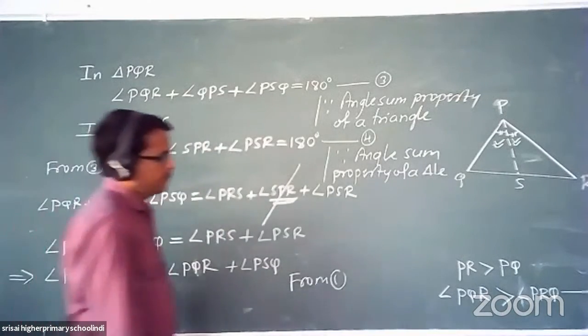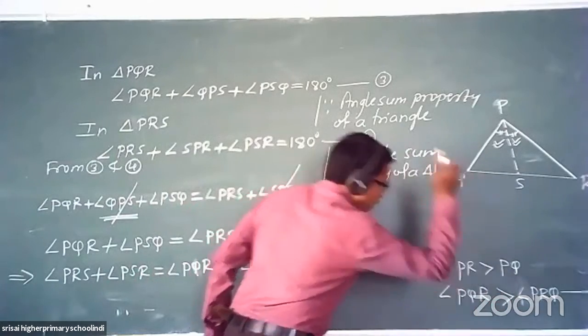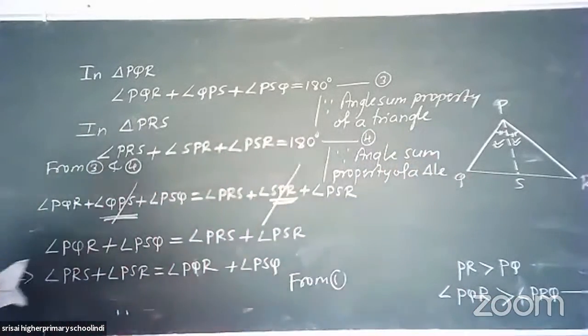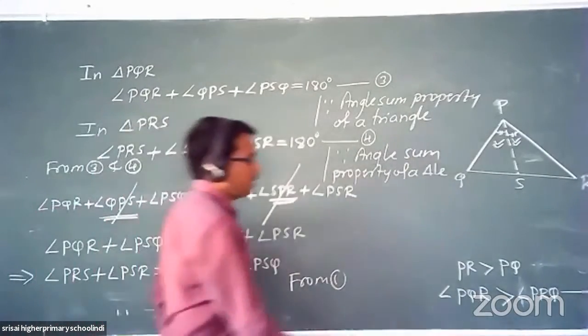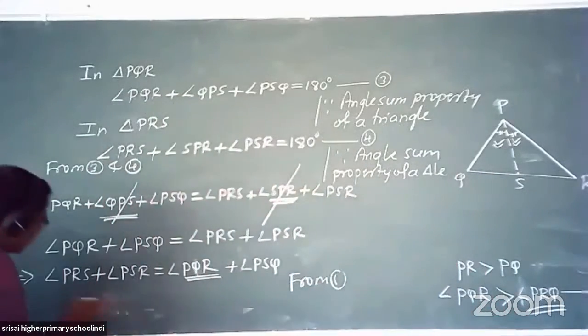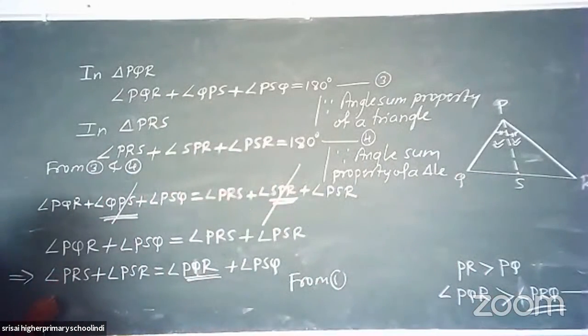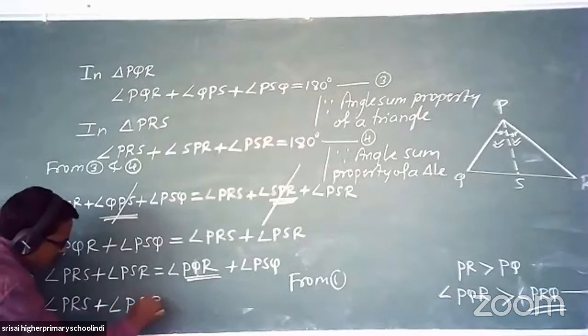Okay, here angle PQR is greater than angle PRQ. So in place of PQR, if I write PRQ, what happens? It is the same as angle PRS plus angle PSR.